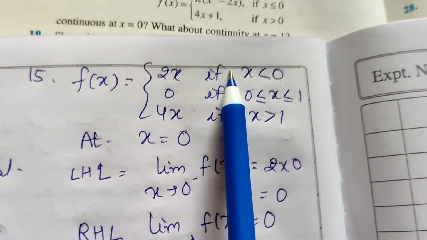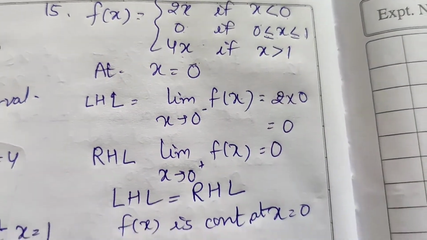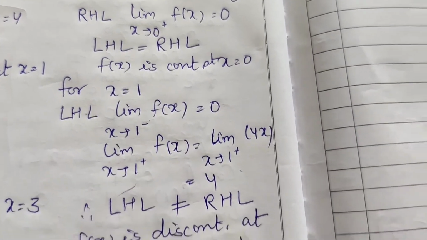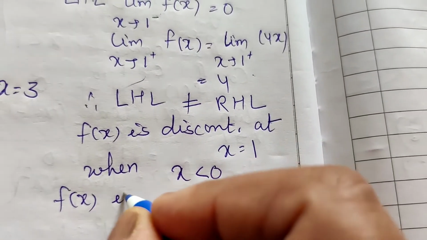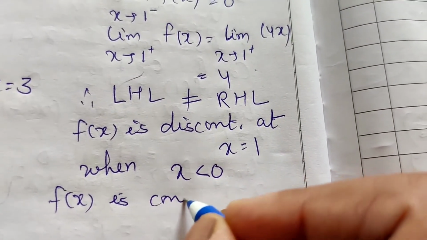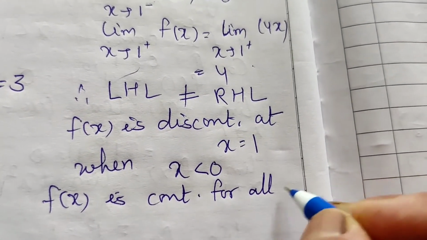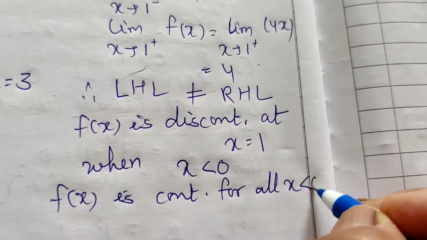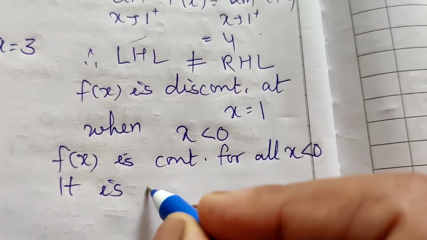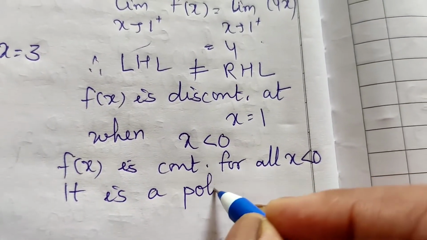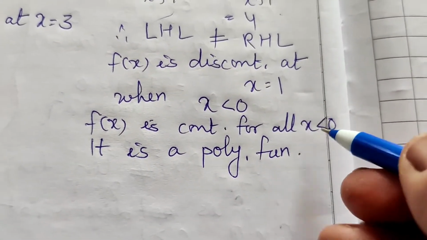It remains constant for all x less than 0, so it is continuous for x less than 0. You can directly write that f(x) is continuous because it is a polynomial function. Therefore, it is continuous for x less than 0.